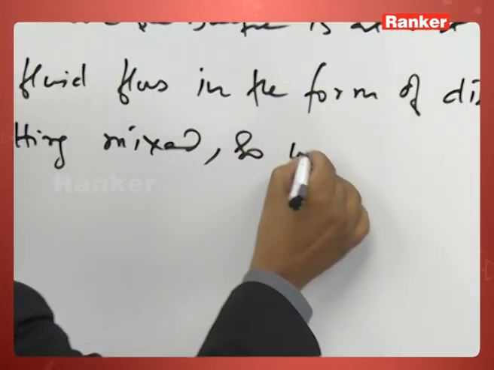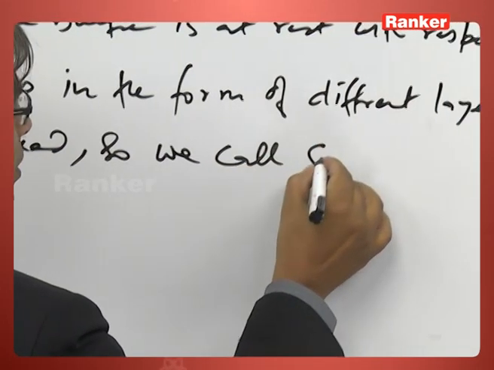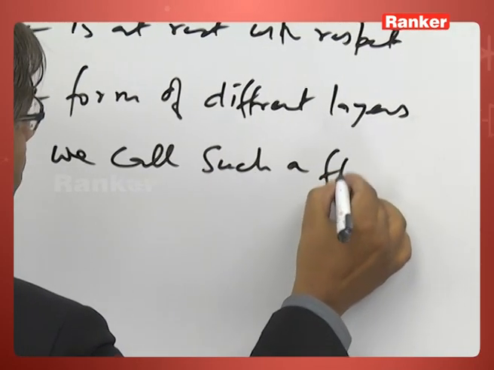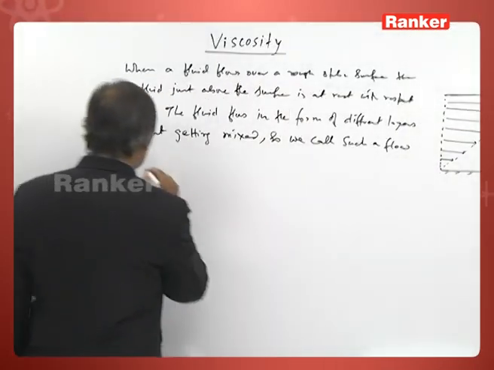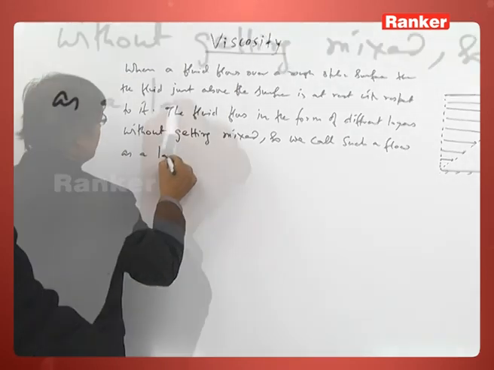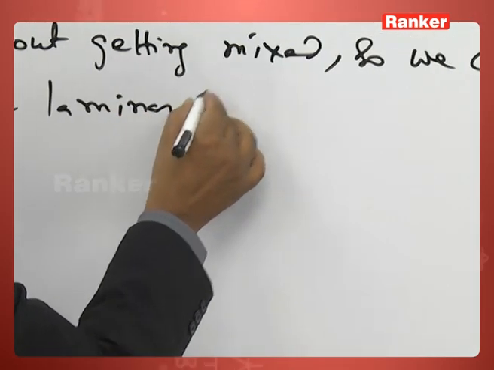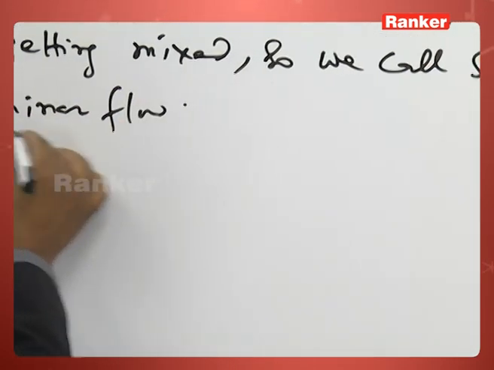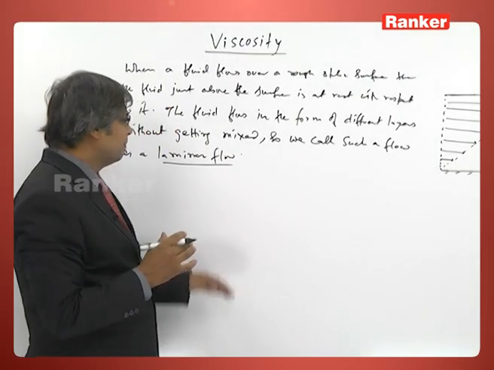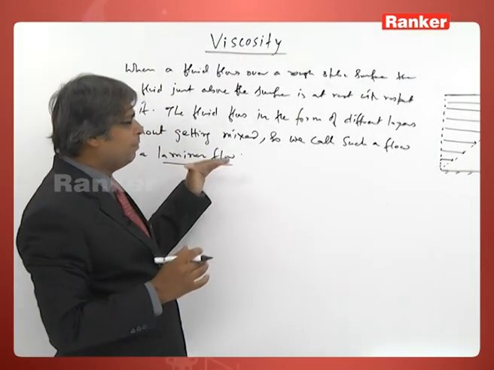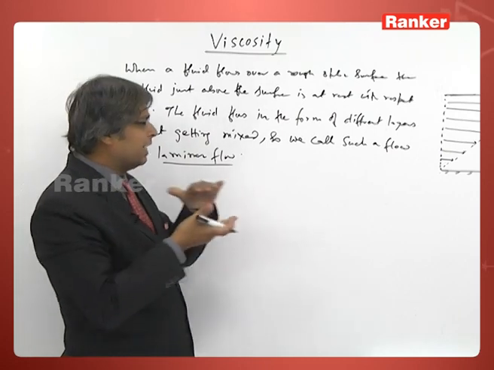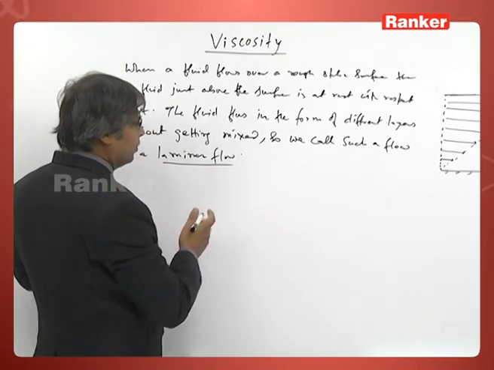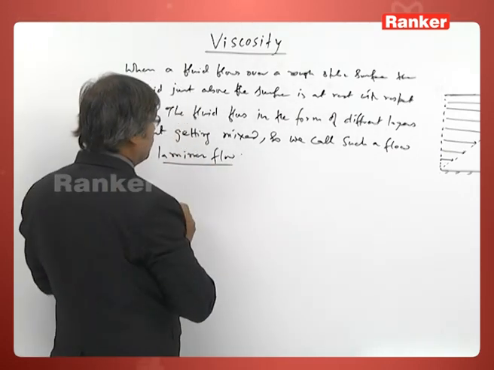We call such a flow a laminar flow. It is the same steady streamline flow, but it gets this special name because of the different layers of flow.